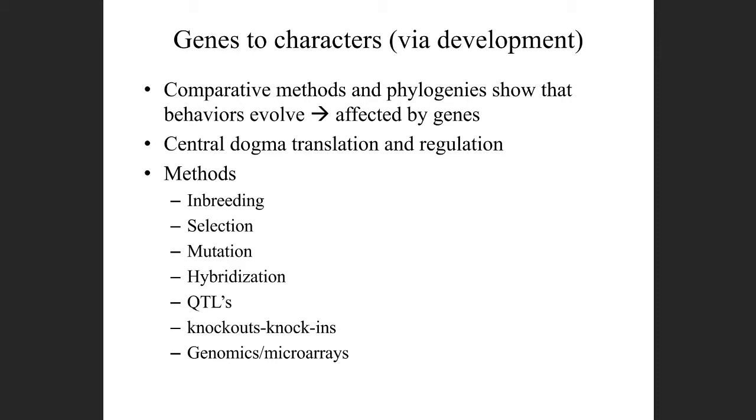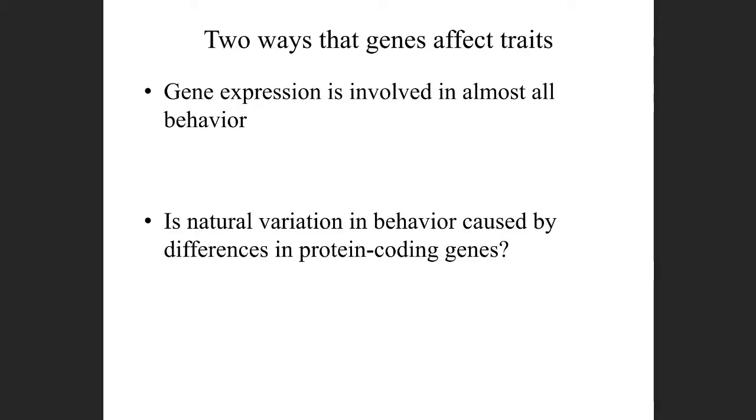That's something that you see in Drosophila especially. And then some more modern approaches like quantitative trait loci, knockouts, and microarrays that have been used a lot to study behavior, especially in honeybees.